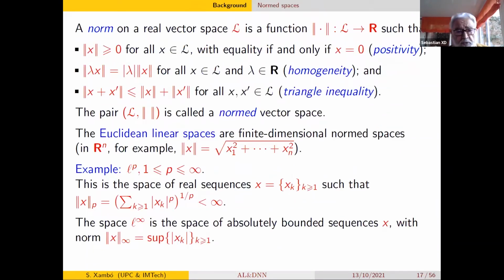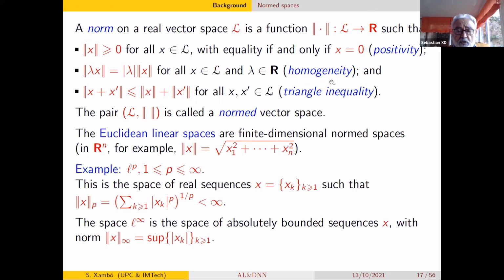So, normed spaces. A norm on a real vector space L is a function that you denote in this way, from L to R, having the following properties. First of all, the positivity property, which means that the norm of x is always non-negative for all x in L, with equality only if x is 0.